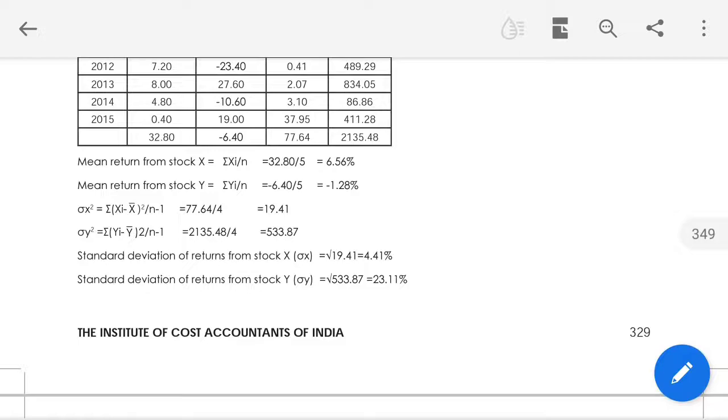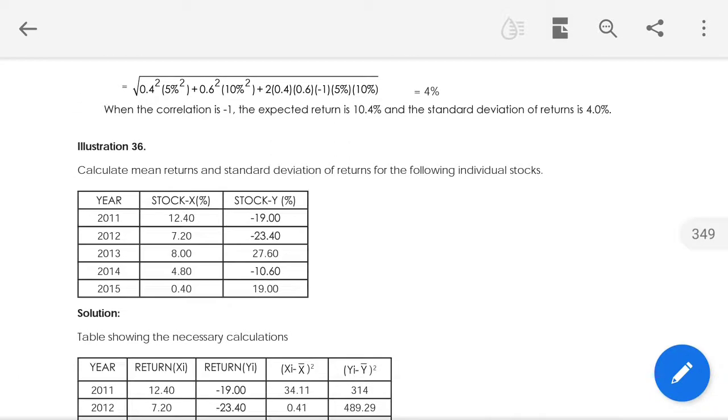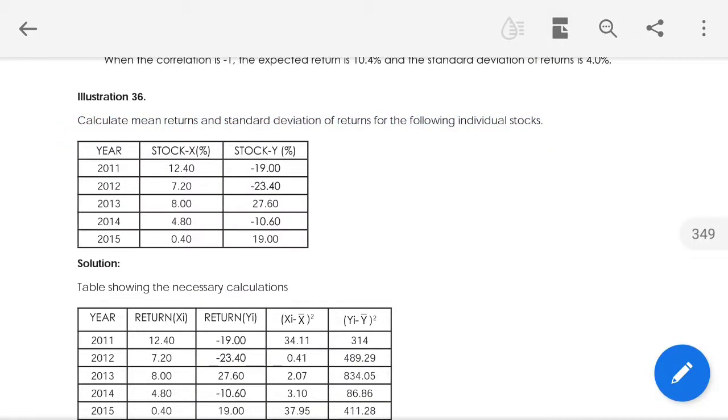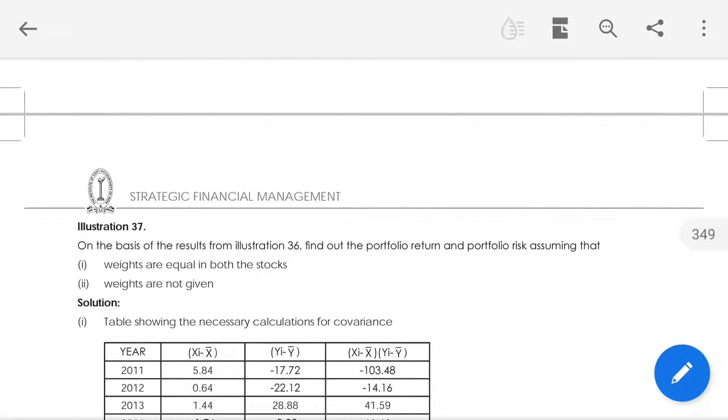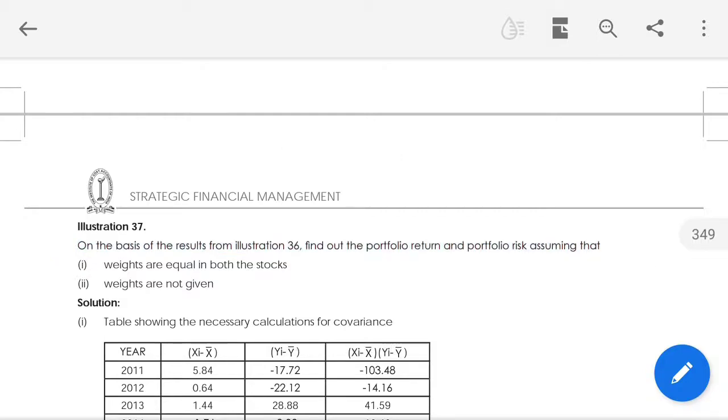To know how to calculate this value, please refer to the 36th question explanation in this channel by pasting the first line, this line, in the search box. To find the 37th question, you can copy paste this much in the search box.